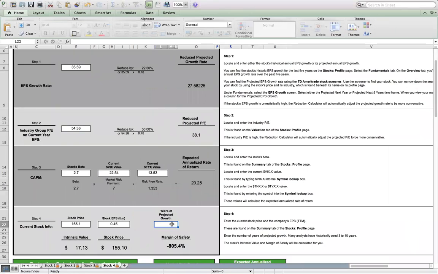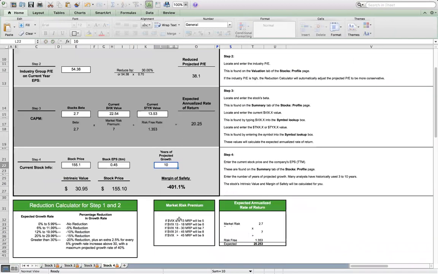Yeah, for the years of projected growth, for long-term investors, usually you're looking at 10 years. So I usually put 10 years in there, and you would come up with intrinsic value. It would be off because the price of the stock is way up there already. So your margin of safety is looking real terrible right now.